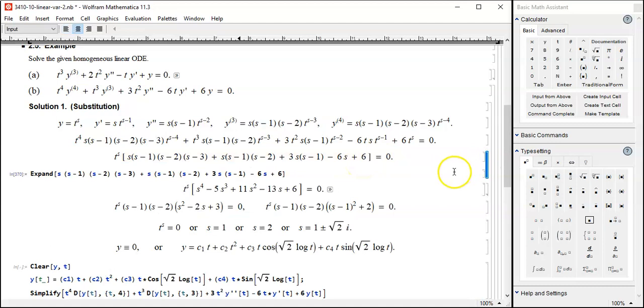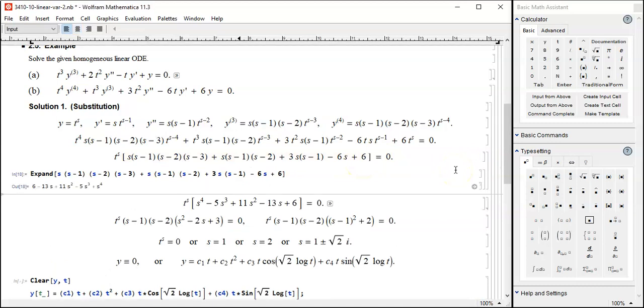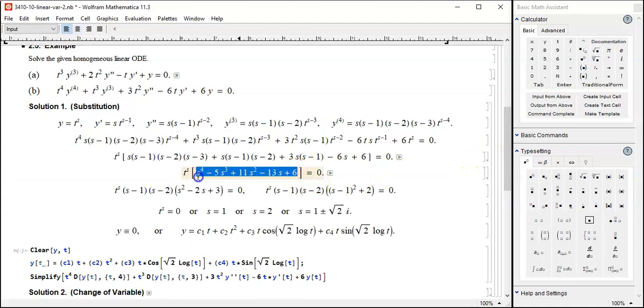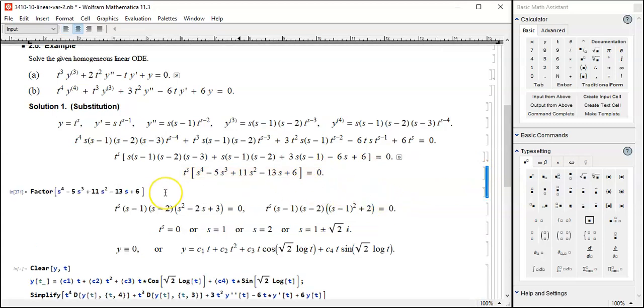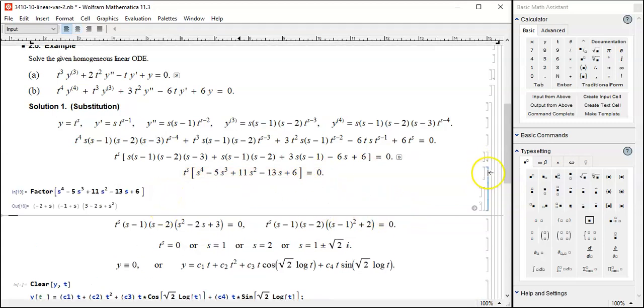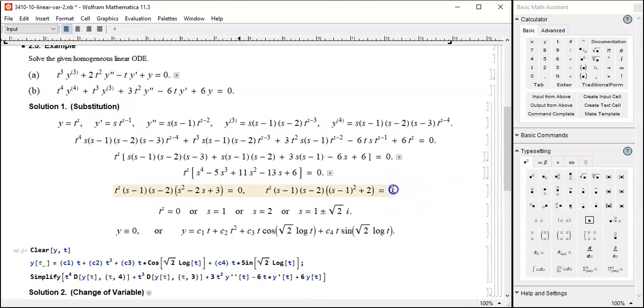You can simplify that, and I simplified using a computer algebra system, and that's how I got this expression here up to the 4th degree. And then how do you factor it? Again, I use a computer algebra system to factor. So we got this factorization, and then this complete square.